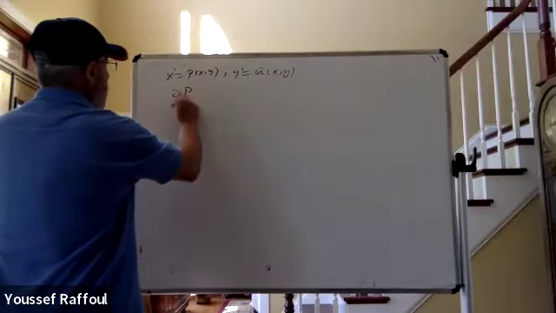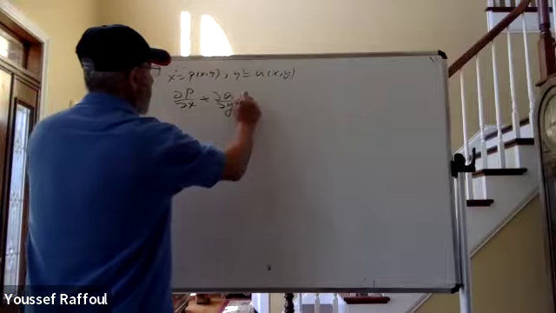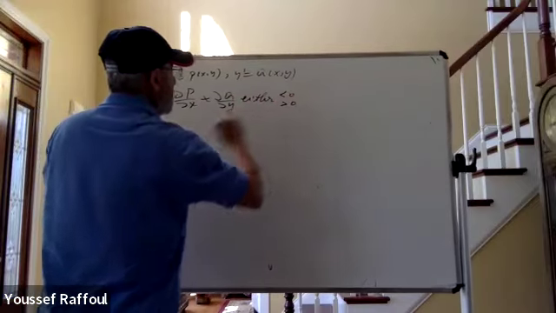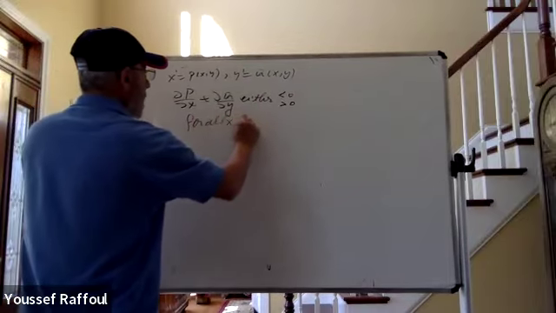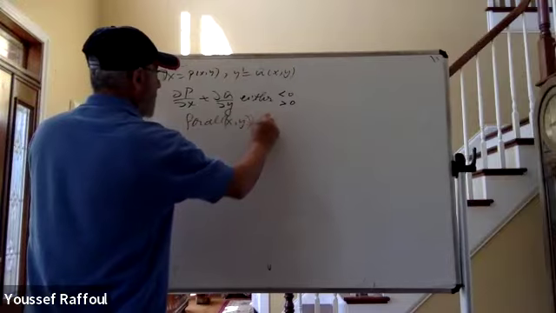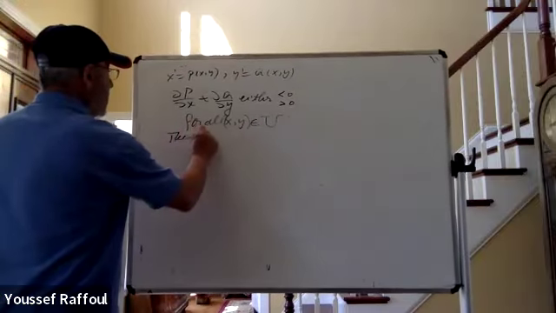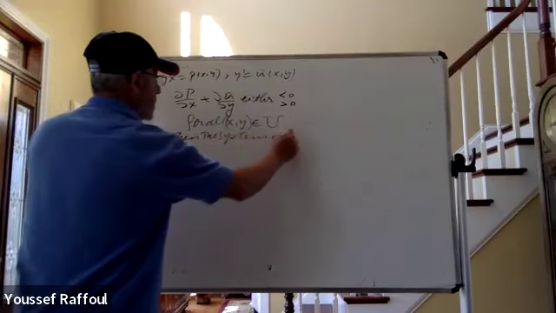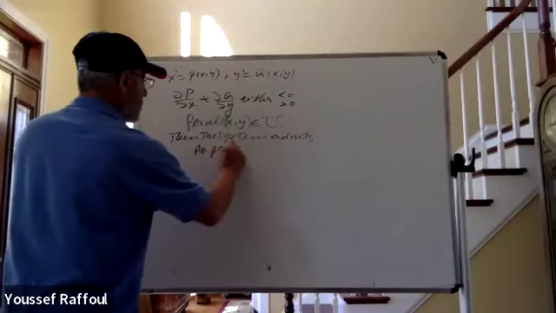And we said if the partial of P with respect to x plus the partial of Q with respect to y is either less than 0 or bigger than 0 for all x, y in some open set U, then the system admits no periodic solution.